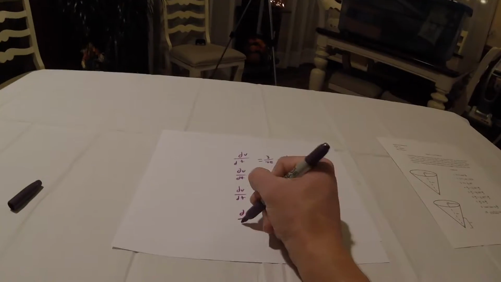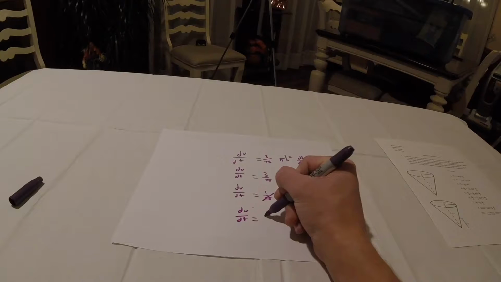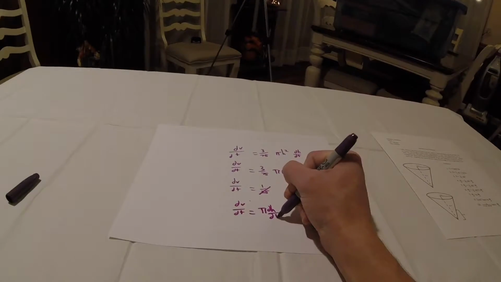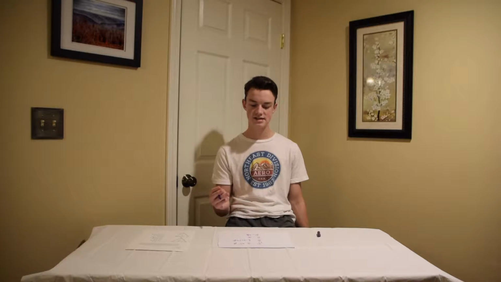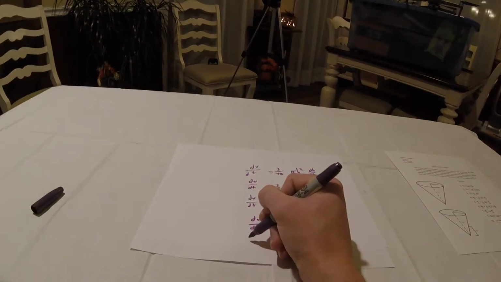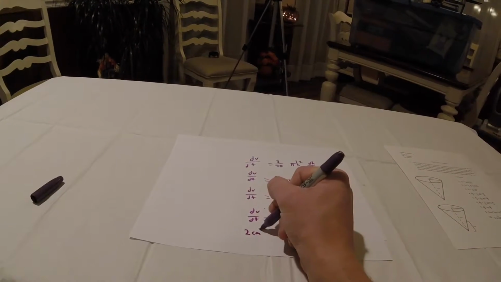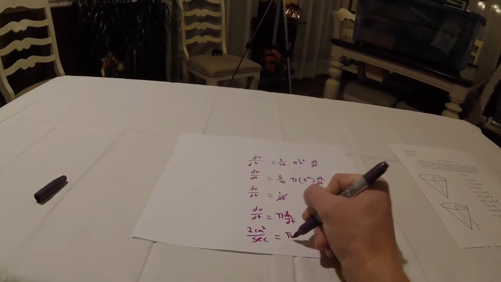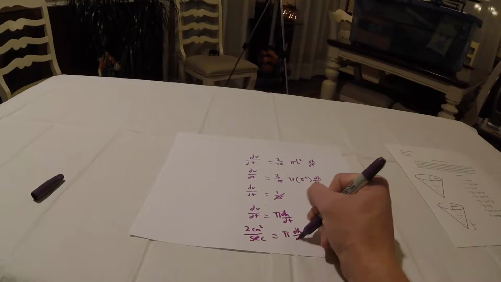So dV/dt equals pi dh/dt. So, since dV/dt equals pi times dh/dt, we can now plug in the rate at which the volume is changing. So the rate of the volume changing is 2 centimeters cubed per second, as we were told in the problem, equals pi times dh over dt.